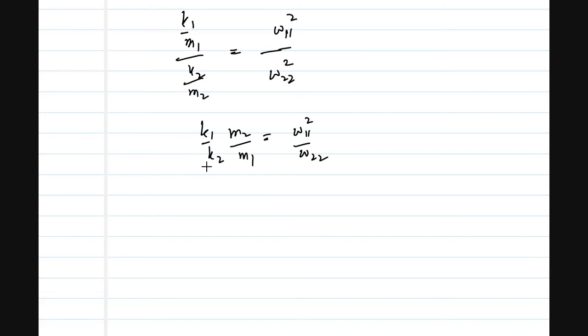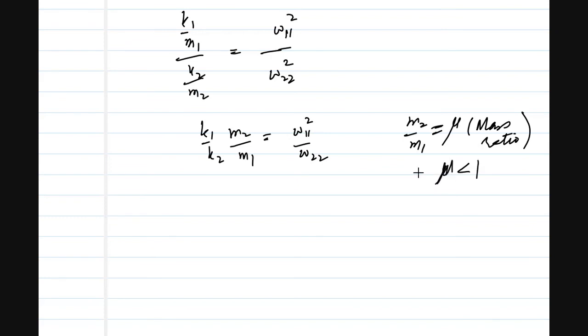Clear? So now we call m2 over m1 as mu, which is called the mass ratio. Mass ratio means the ratio of the absorber mass, which is m2, divided by the main mass, which is m1. For all real applications, mu should be less than 1.